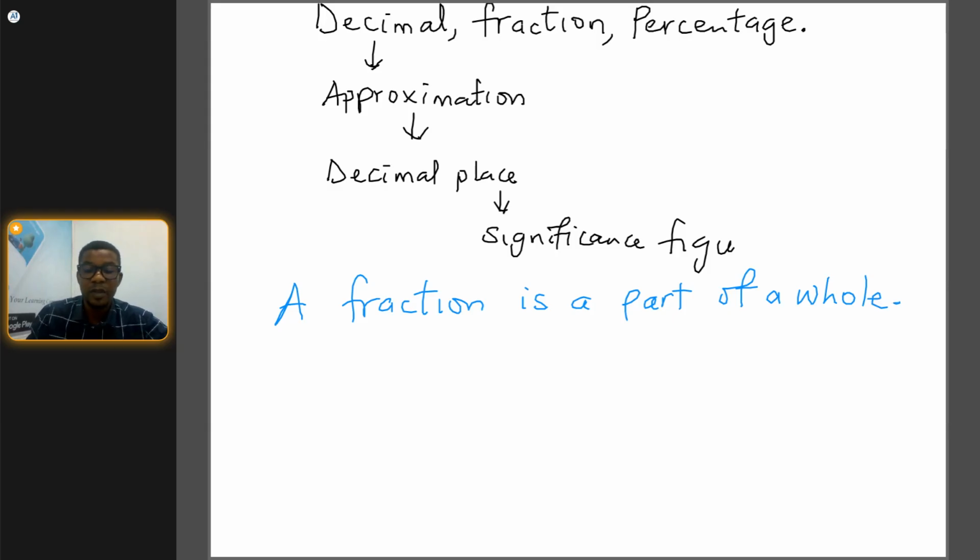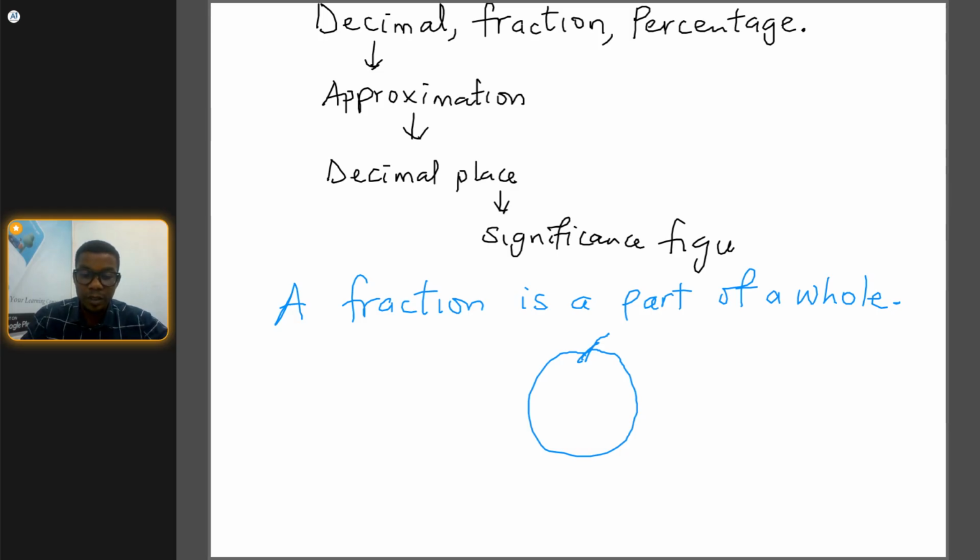Now I believe that while we were still in primary school, we made use of an orange to explain what fraction is. If this is an orange, this represents a whole. Of course, out of this orange, which represents a whole, we can have fraction from it. That is, a fraction is a portion of an entity or a portion of a whole.